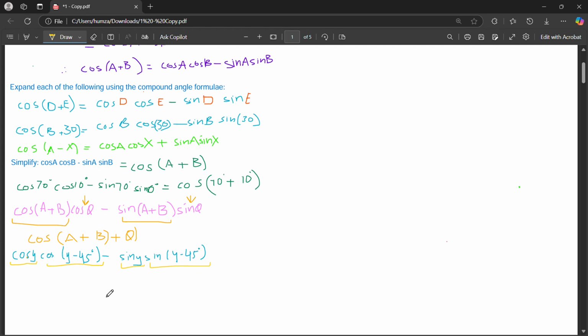The compound angle will simplify as follows. This is equal to cos, with cos y and sin y simplifying into y. There is a negative sign, so this is positive, and then this is the angle they are multiplying with, y minus 45 degrees. So we will write this as it is, and that will be your y minus 45 degrees. And this is how we can simplify the compound angles.